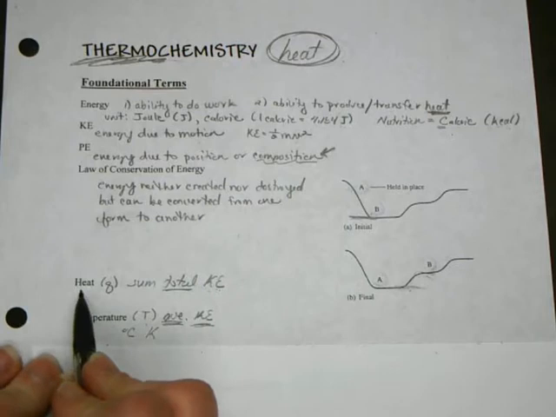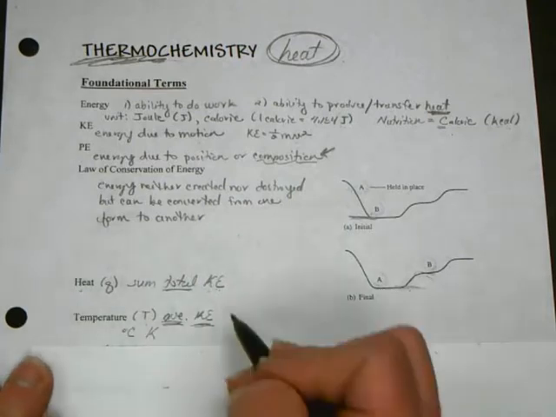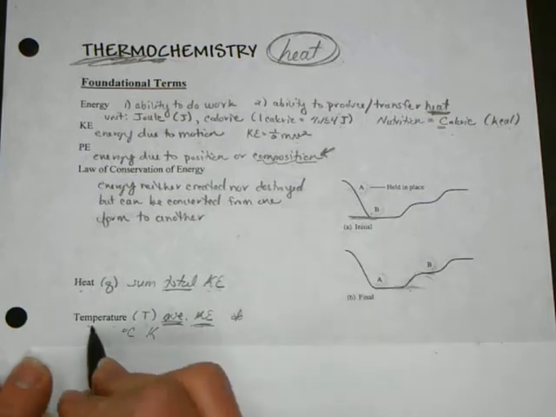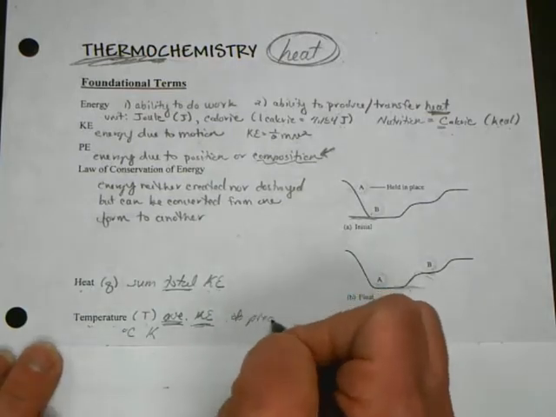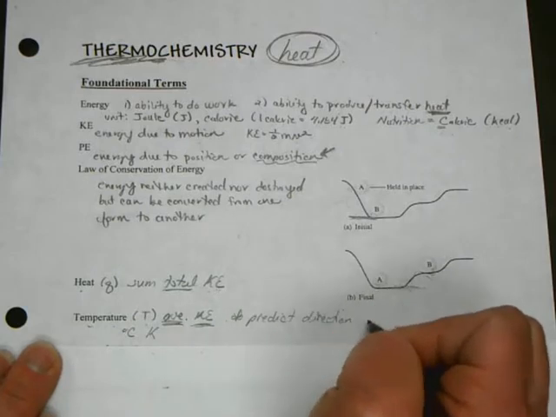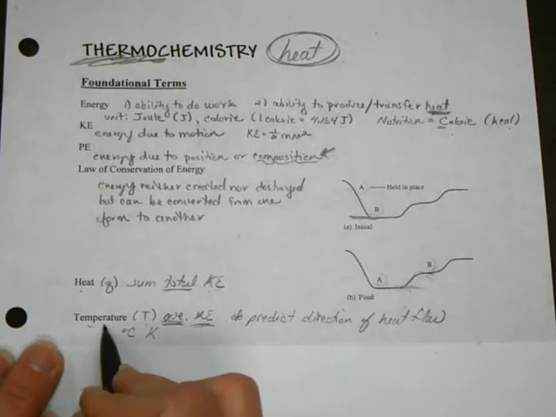It must be calculated, and we will see how this is done. Truly, the true worth of temperature is to be able to predict the direction of heat flow. That is the value truly of temperature.